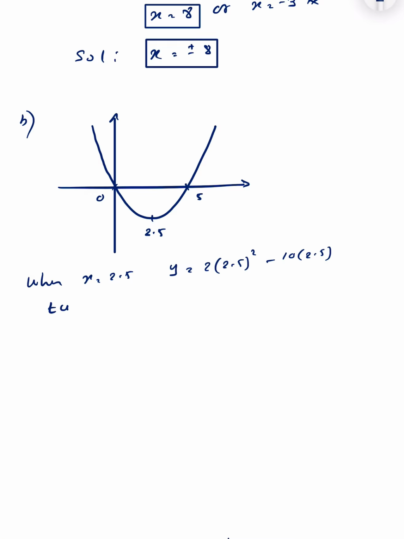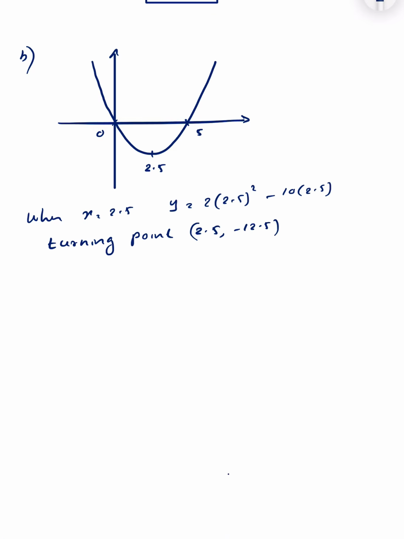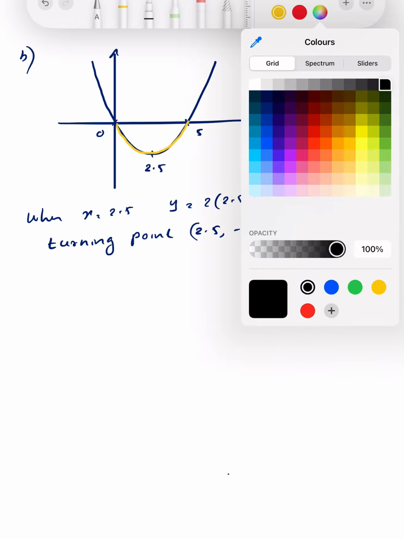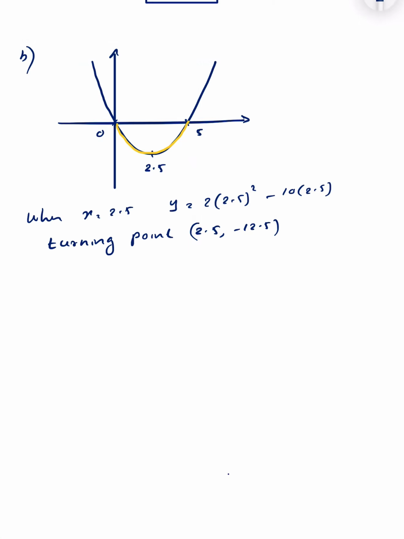So the turning point would be 2.5 comma minus 12.5. That's going to be our turning point, and this part here would be reflected. That part should be reflected, and the rest of the graph will remain the same. When you draw the modulus function, the rest of the graph will remain the same.